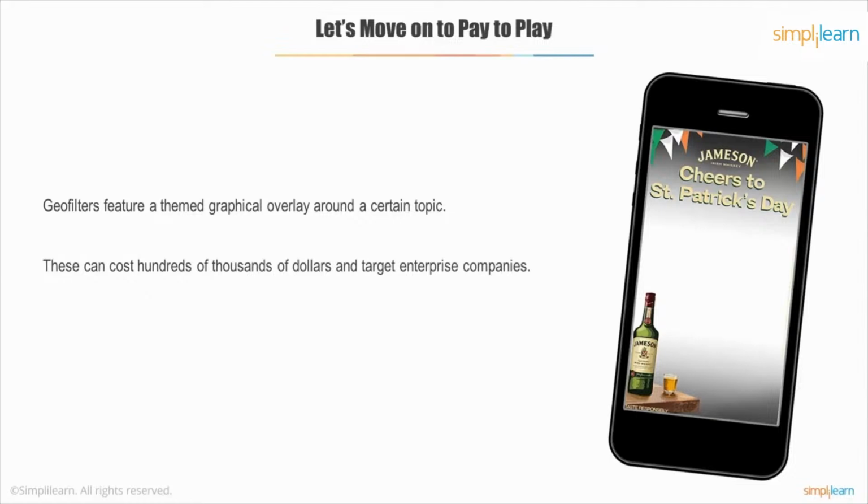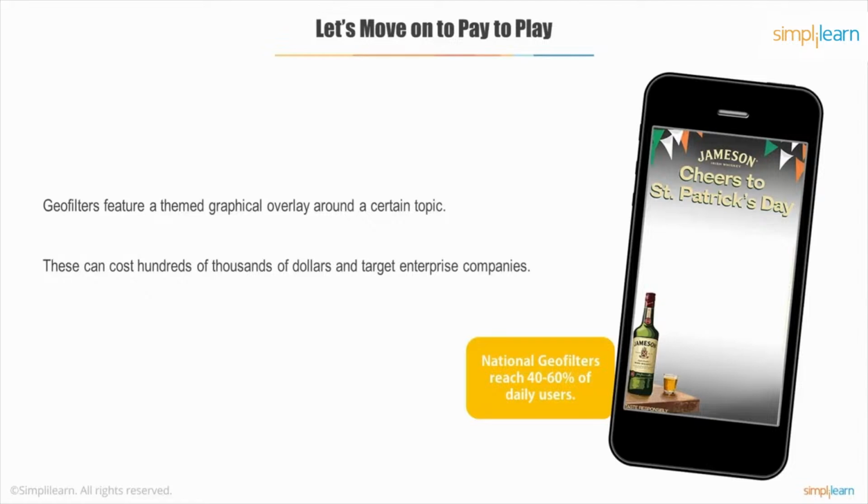Paid advertising geofilters create a themed graphical overlay that can pop up for users that are in a certain area, whatever it's triggered by. These cost hundreds of thousands of dollars and usually are targeted by enterprise companies. Snapchat estimates that national geofilters reach 40 to 60% of daily users.